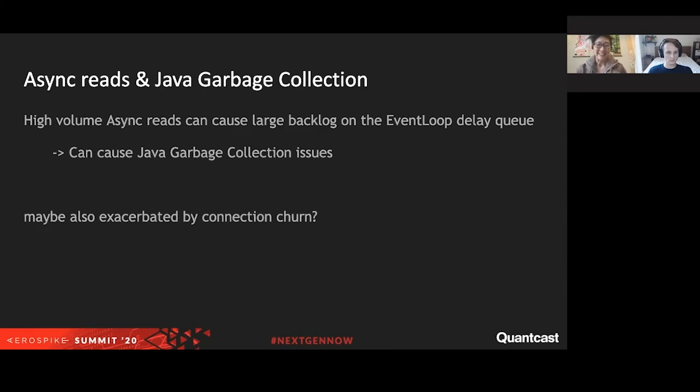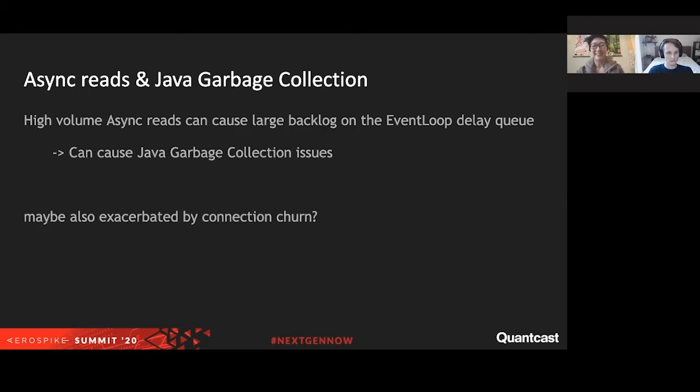We've had client issues around Java garbage collection. We run a lot of Java, and the whole object churn when there are errors and reconnections, and when you have a very large backlog on the event loop queue, can eventually cause your application to be doing mostly garbage collection, which then ruins our latency.